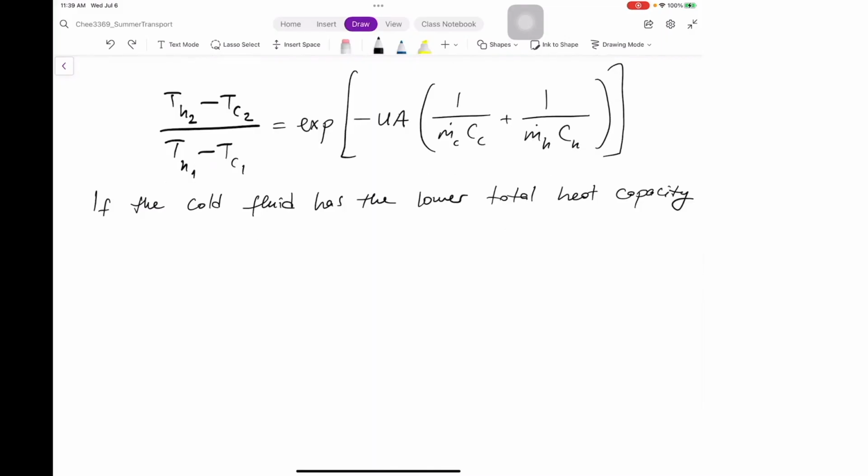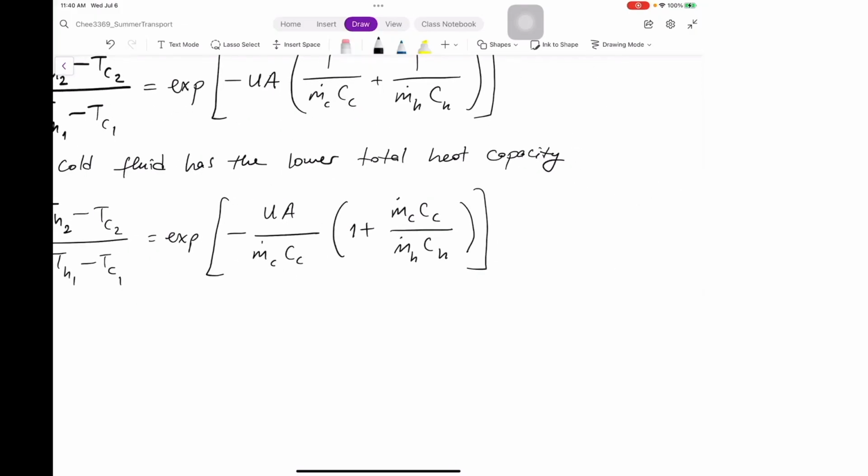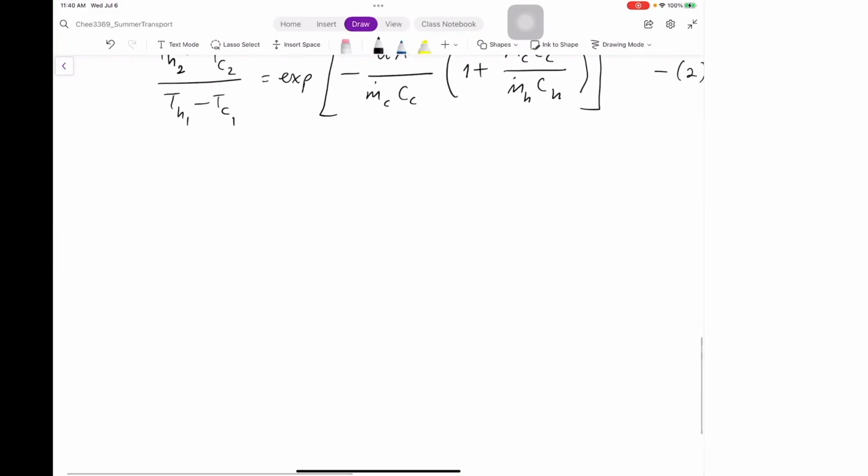So the simplification would be, we would rather write it in this form, if that's the case: exponential negative UA over m_c·C_c, parenthesis 1 plus m_c·C_c divided by m_hot·C_hot. Okay. Let's call this equation 2.